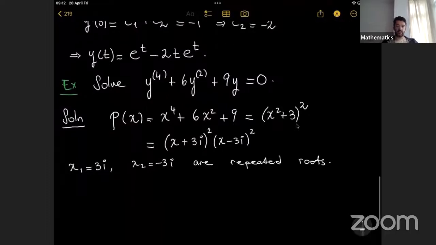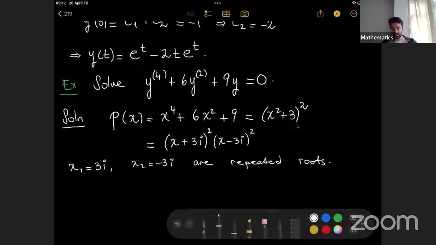Well, it's enough to work with one of those, okay? Because when we take lambda is equal to 3i, since it is repeated, we have two complex solutions. Two complex solutions will give you 4 real solutions, and 4 real solutions will be enough because there's a degree 4 equation. So let's work with one of those.